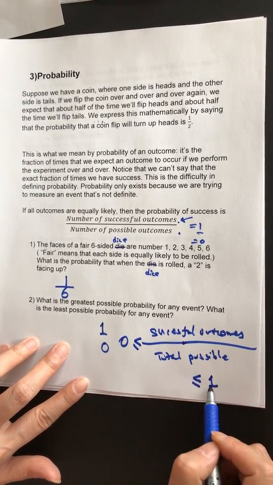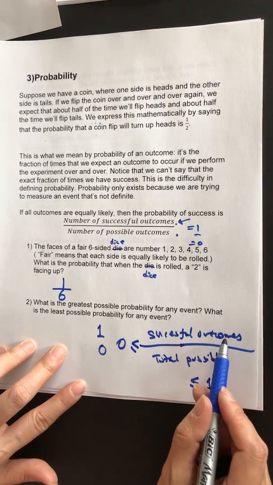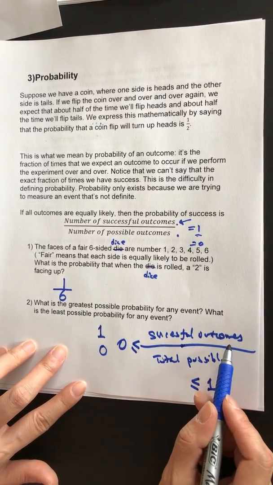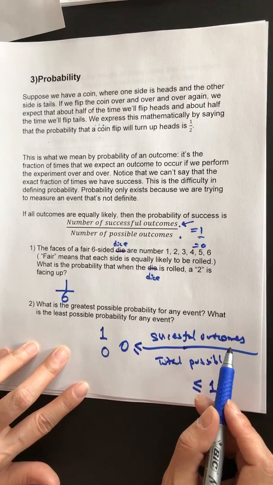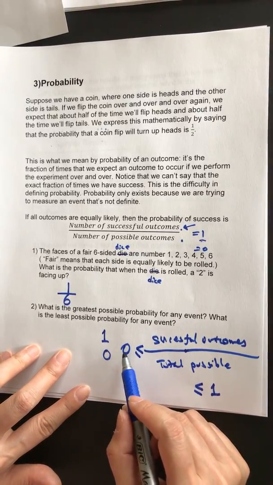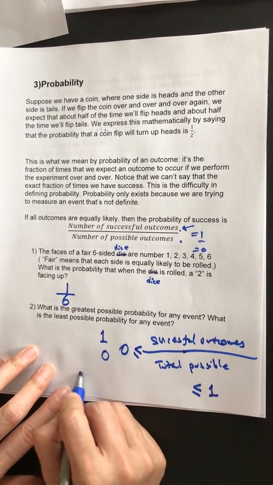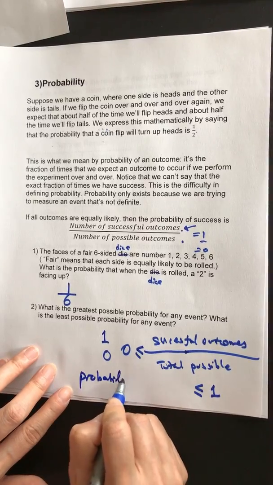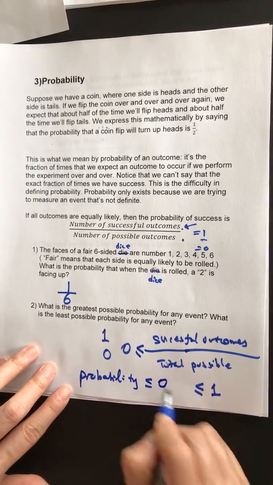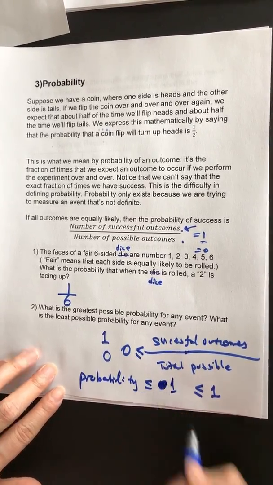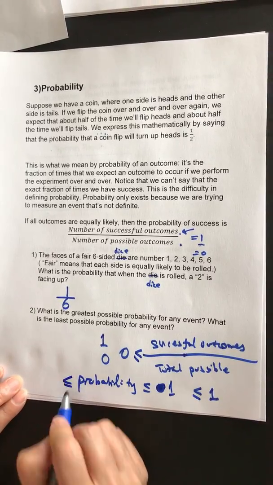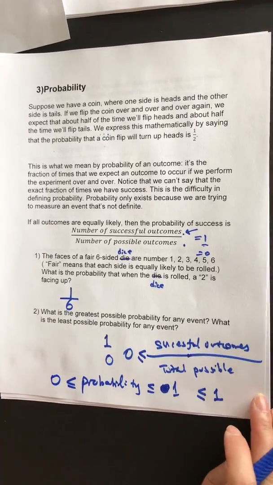So the max would be 1. On the other hand, the successful outcomes can be 0. If there are none successful, that gives you the smallest number, 0. So probability is less than or equal to 1 and greater than or equal to 0.